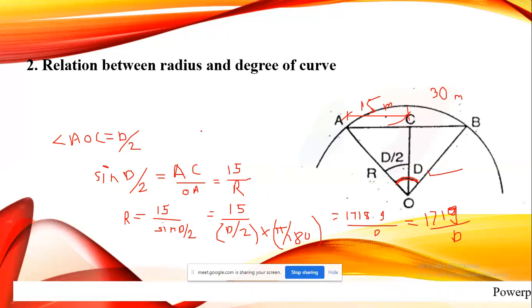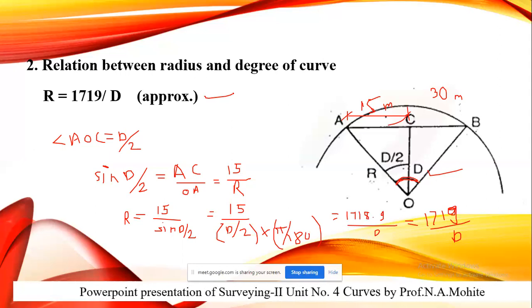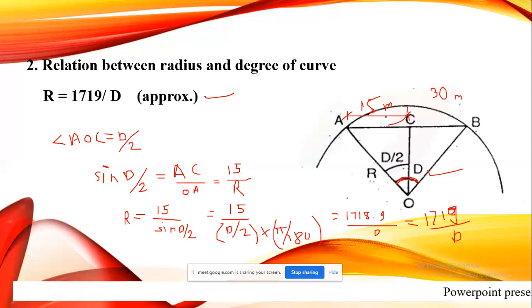The formula is R is equal to 1719 divided by D. By making use of this, you can find out the radius.